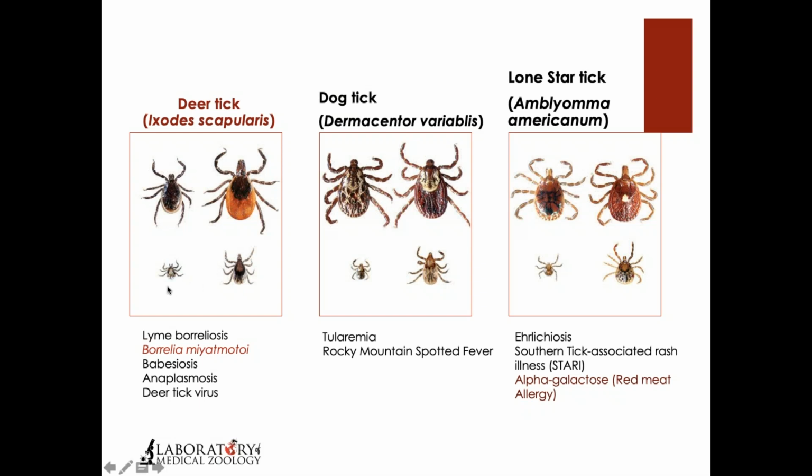And I emphasize that to reinforce the notion that this little tick right here will feed exactly once in its larval lifetime, and this little nymphal tick will feed exactly once in its nymphal lifetime, and the female will feed exactly once in her lifetime, and the male will never feed at all because males don't feed.